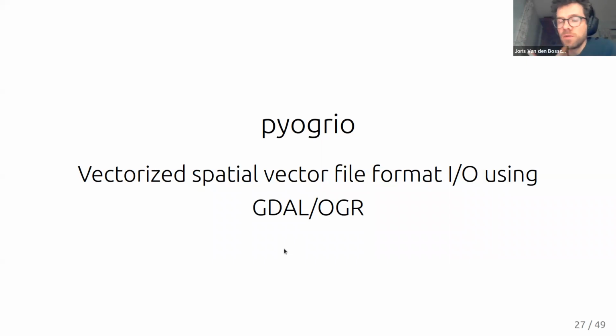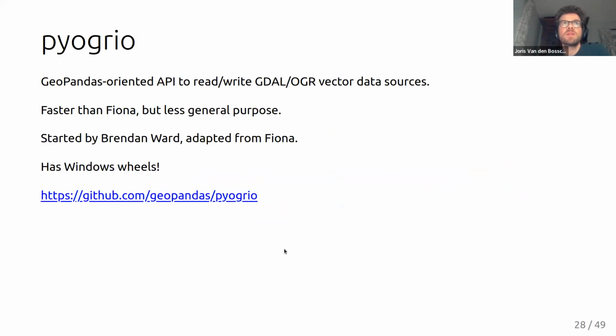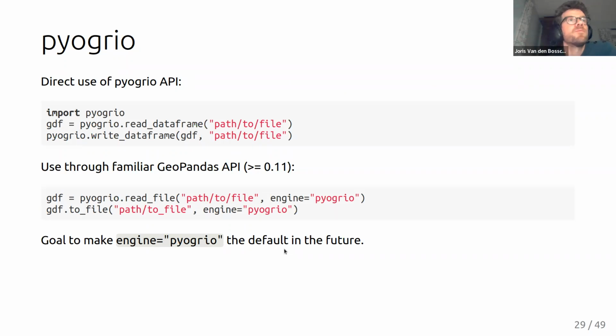We don't necessarily need this file-like interface of Fiona where you can iterate through the rows. So here we worked with some of the other GeoPandas developers on a new package called pyogrio, that is very much based on Fiona, but also provides vectorized I/O.